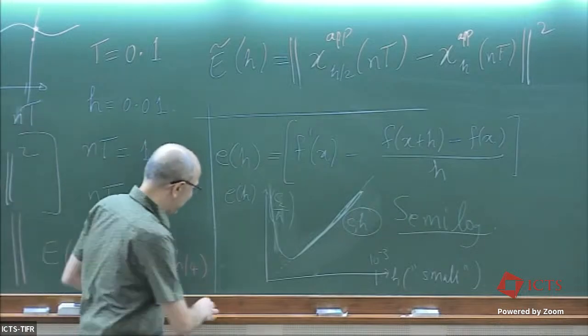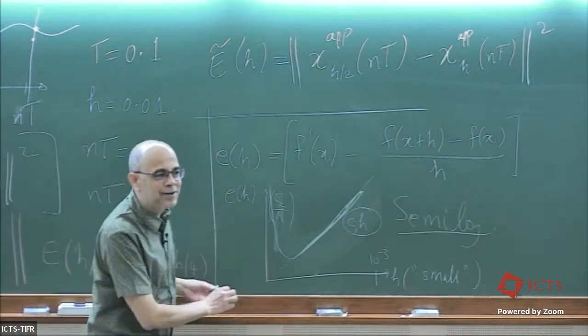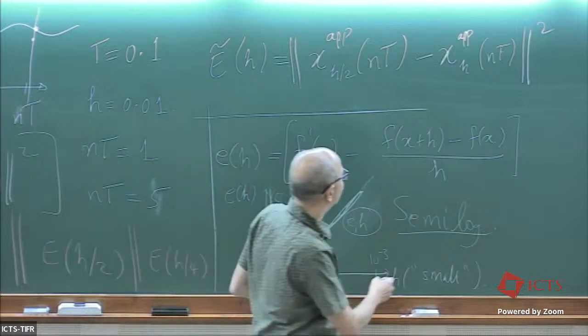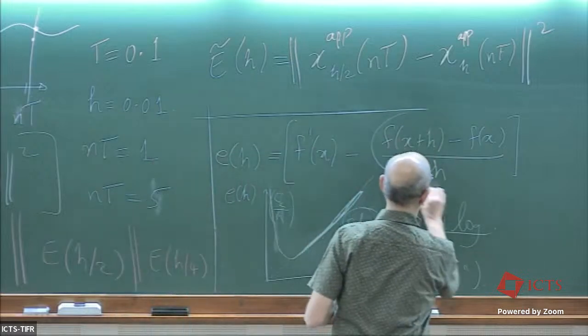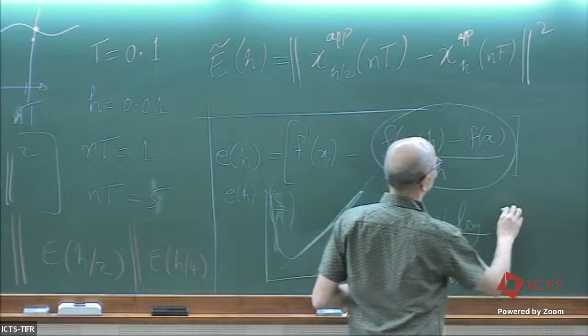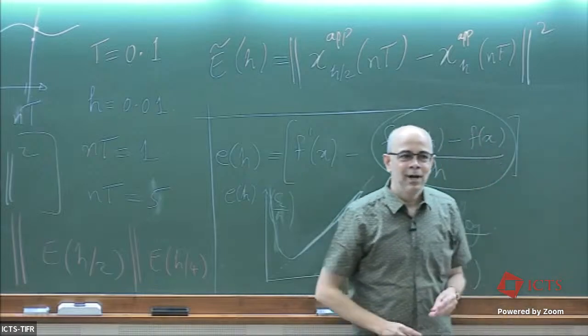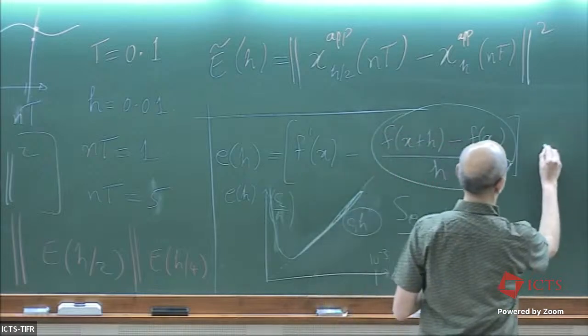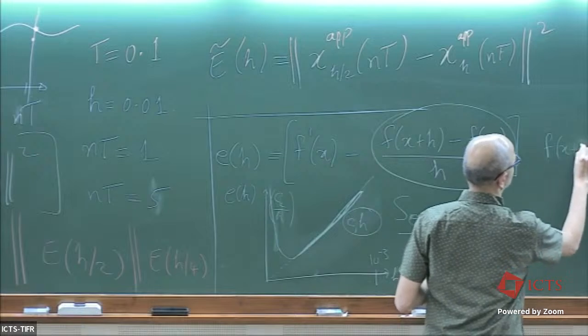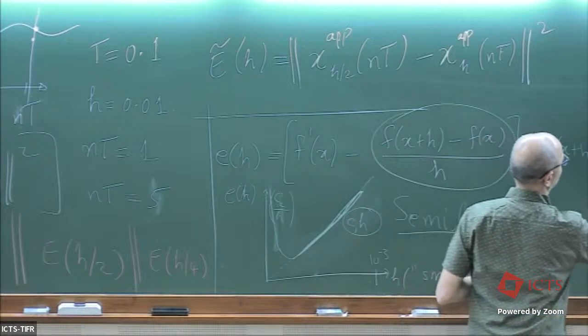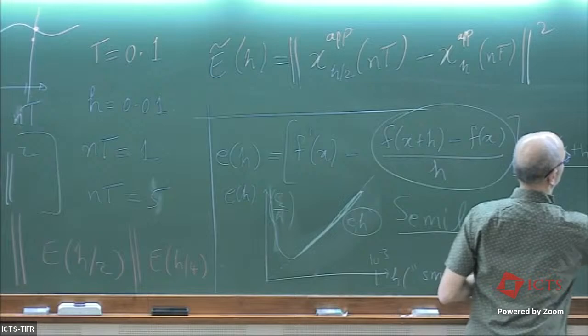And then, if you're convinced that you understand what happened, do the following exercise. Replace this bit of it by a higher order approximation, for example, f of x plus h minus f of x minus h over 2h.